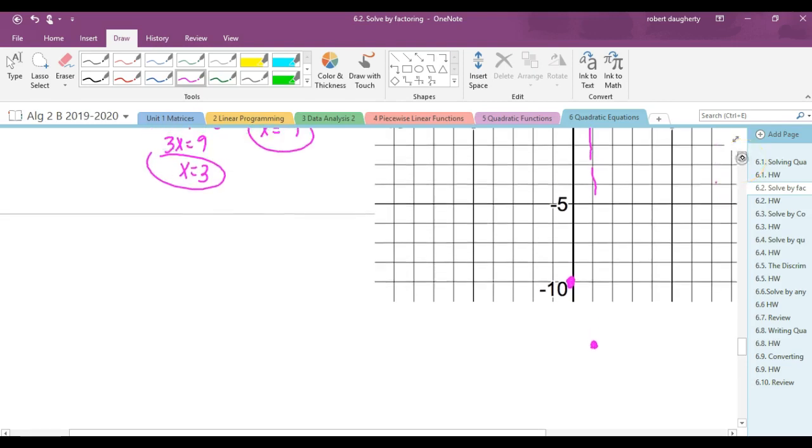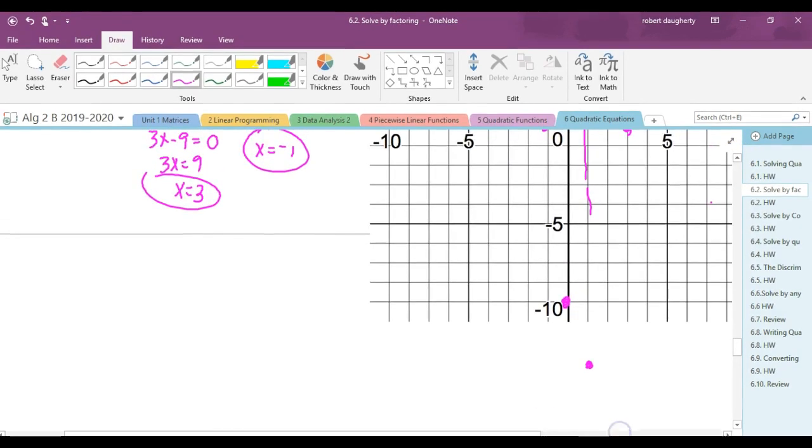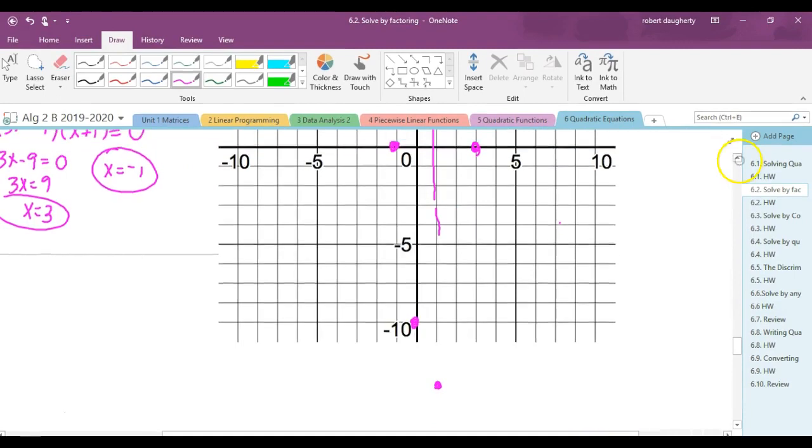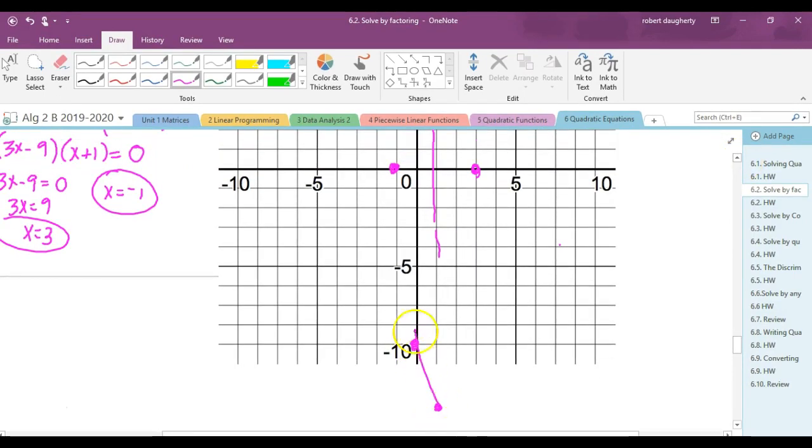So this guy would look something like this. So that is 3x squared minus 6x minus 9. Okay? So what we're doing by setting something equal to 0, we're solving it or finding the x-intercepts.